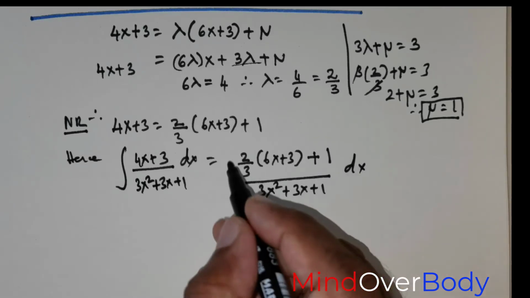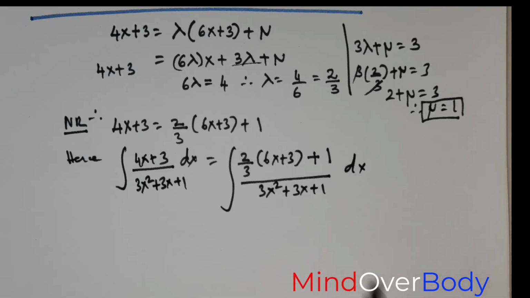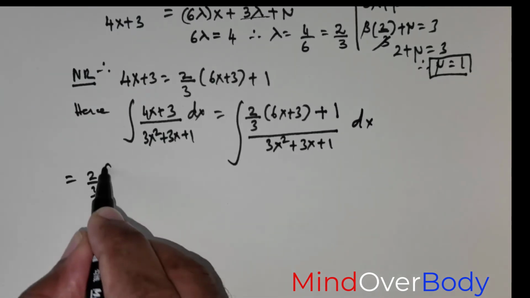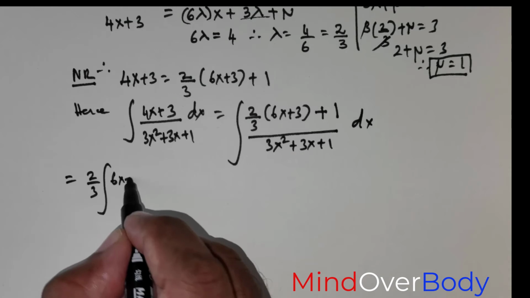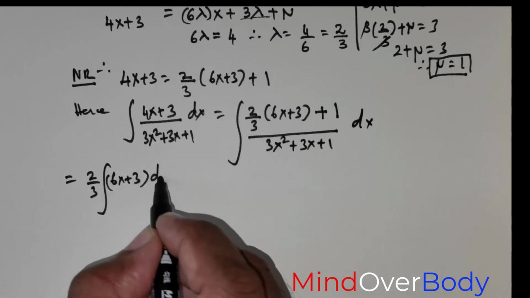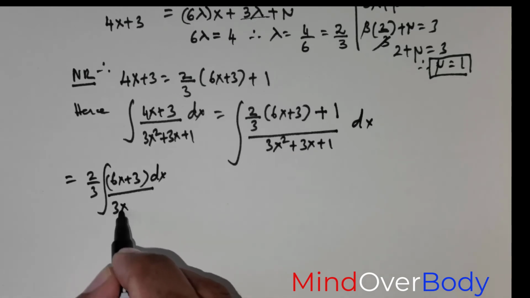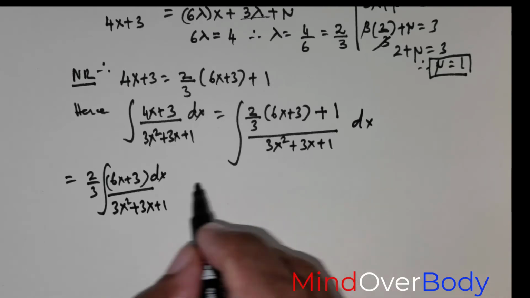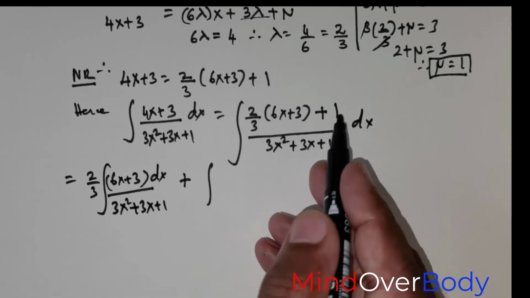We got the differential operator dx and the integral sign. Now I am going to split this as 2 over 3 integral of the quantity (6x + 3) dx over 3x squared + 3x + 1, that's one, followed by the other quantity 1 times dx.